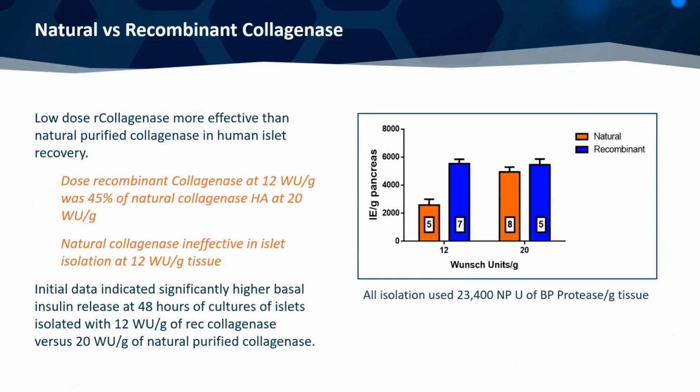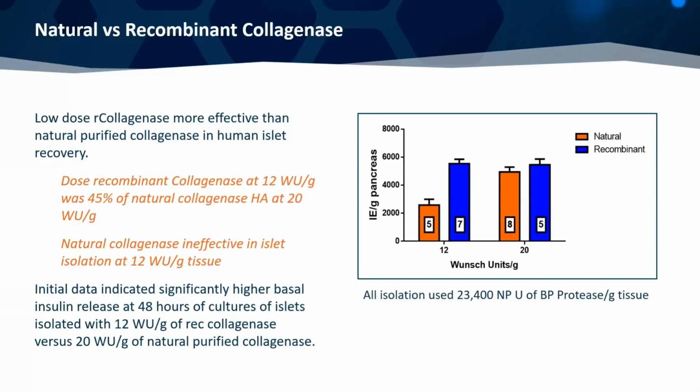Basically what he showed in this, if you compared purified natural collagenase at a 60-40 mixture to his low 100,000 CD8 units and 12 Wundt units of recombinant C2, you can see that both are equivalent to 20 Wundt units per gram, as shown on the far bar graphs on the far right side, the orange and blue bar graph.